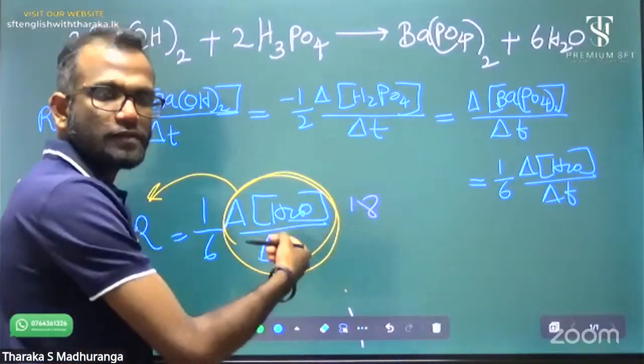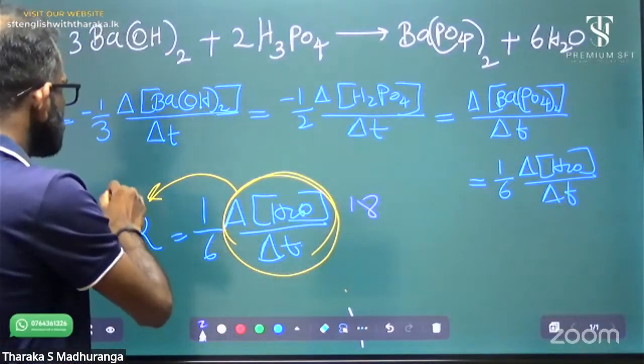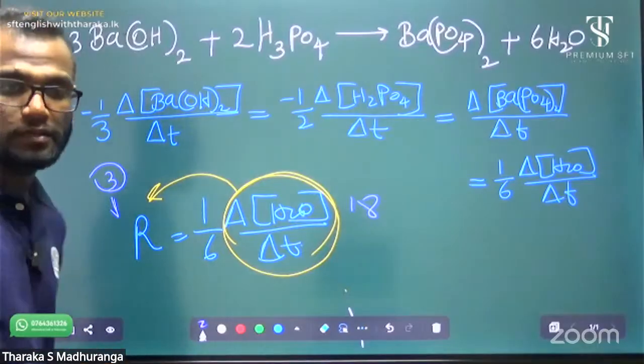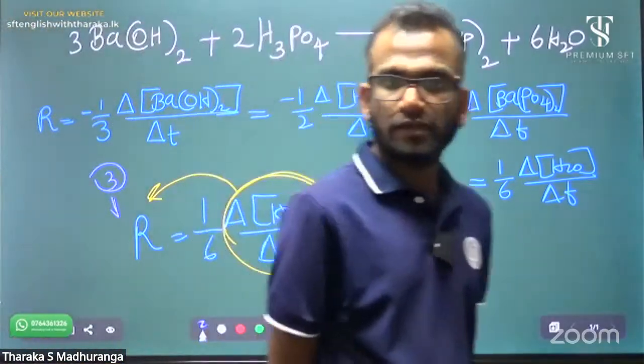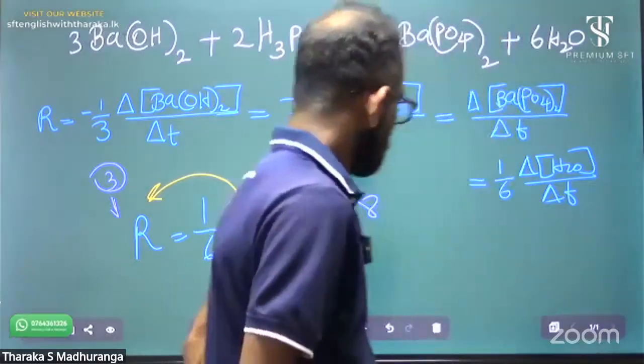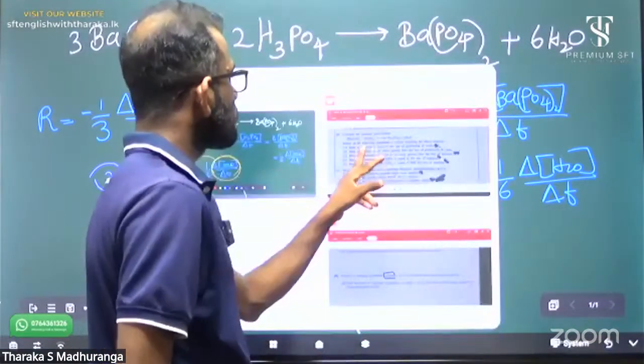Then 18 divided by 6, sorry, is 3. Understood? Therefore, it is not 6 times.